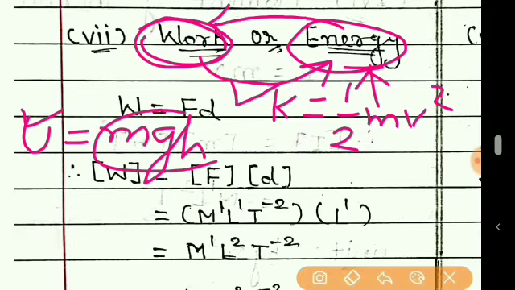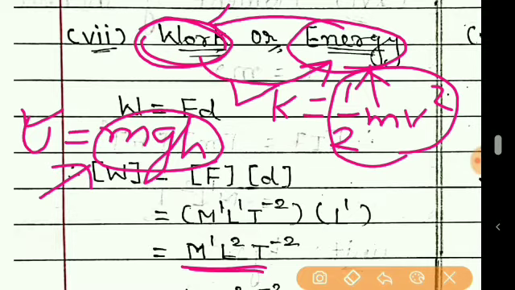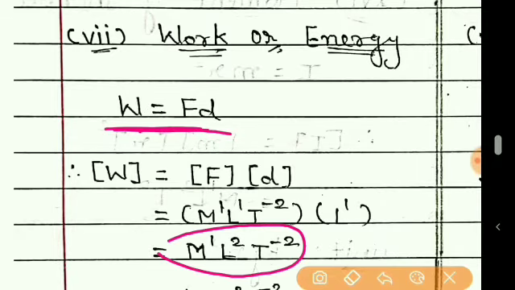The formulas for both are different, but if you obtain the dimensional formula using this, then also you will get the same dimensional formula. Or if you use the dimension for work, then also that will be the same, because work can be converted to energy, or energy can be converted to work.